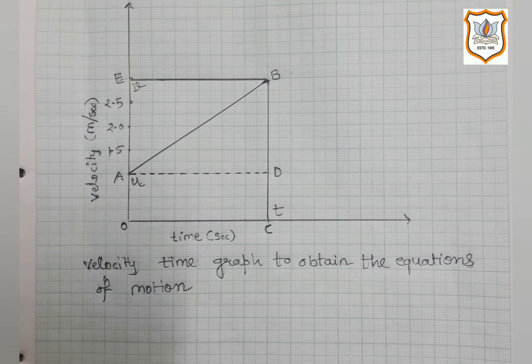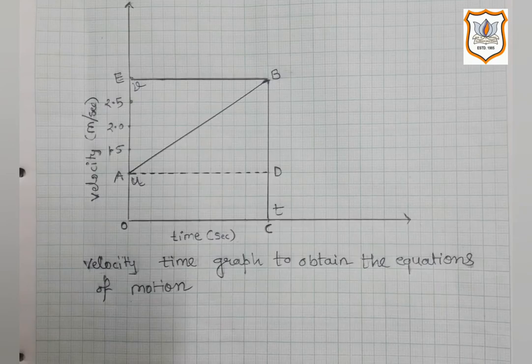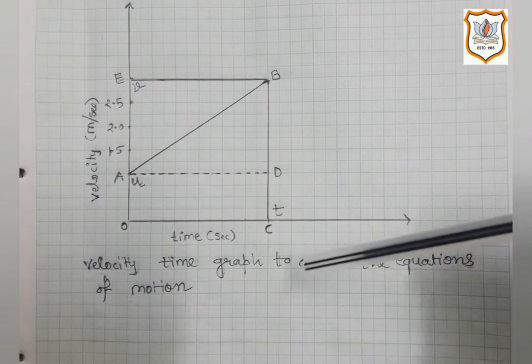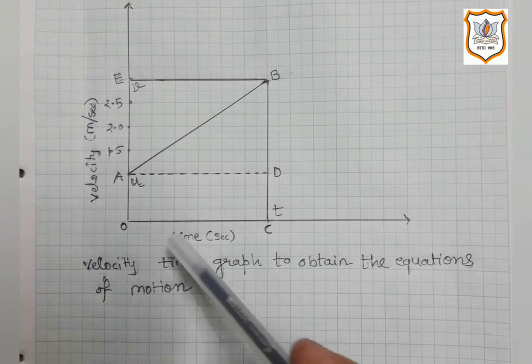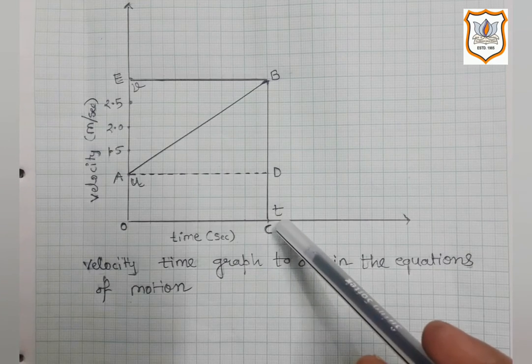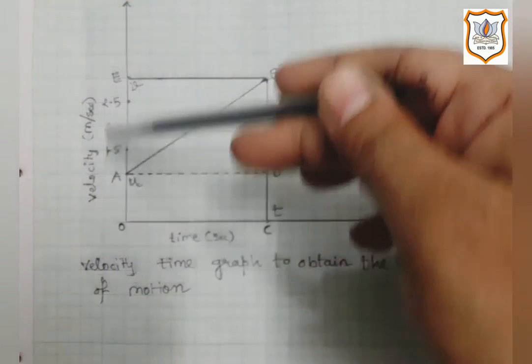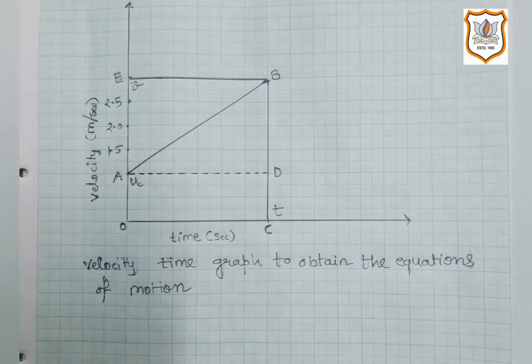So the very first equation, that is v = u + at, is also known as velocity time relation. Consider the velocity time graph of an object moving under uniform acceleration. We have taken a graph in which time t is on the x-axis while velocity is on the y-axis.